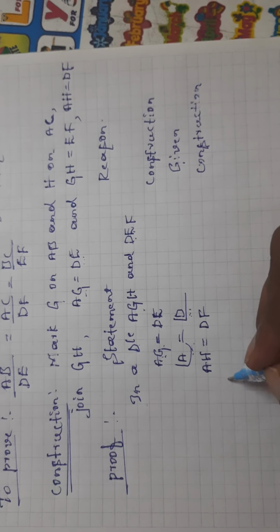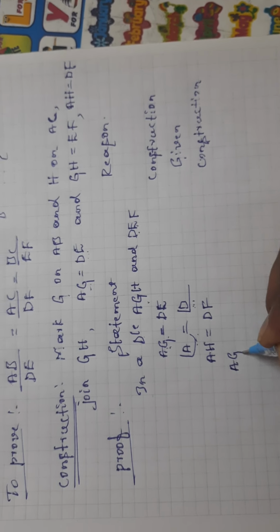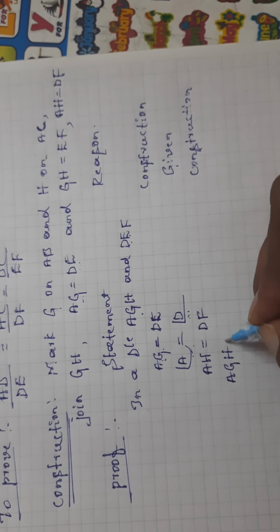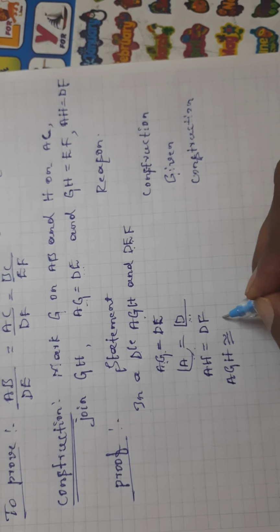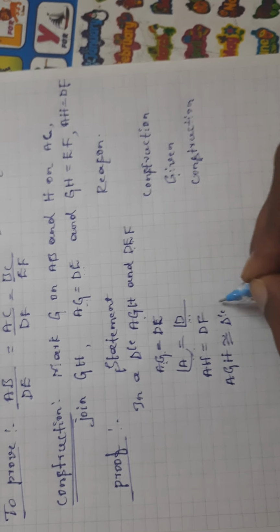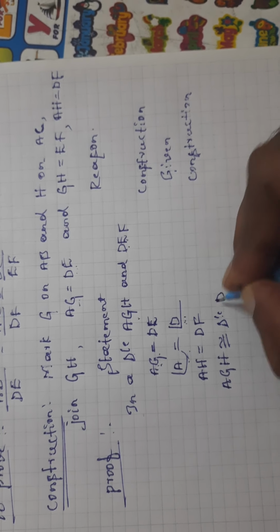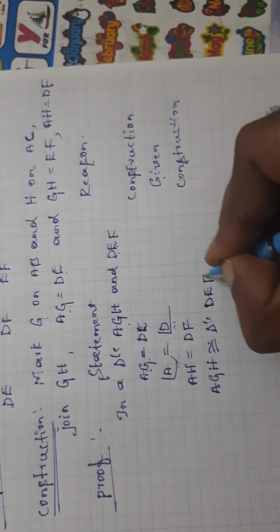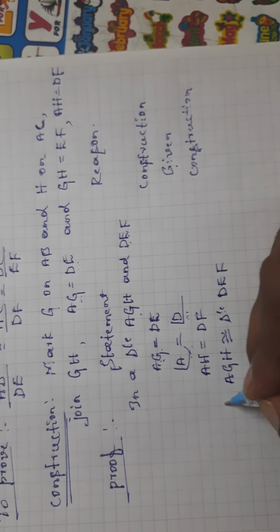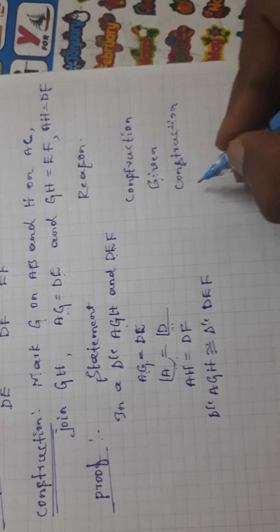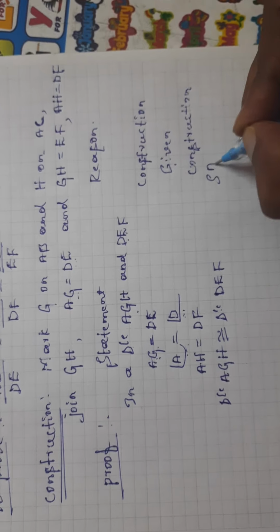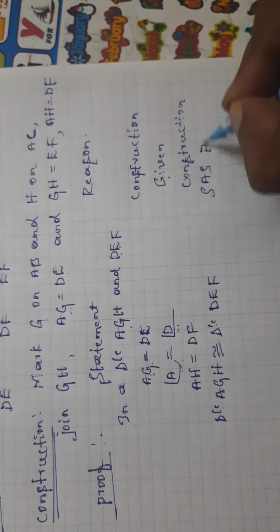Then what about these two triangles? Triangle AGH is congruent to triangle DEF, because of the SAS postulate.